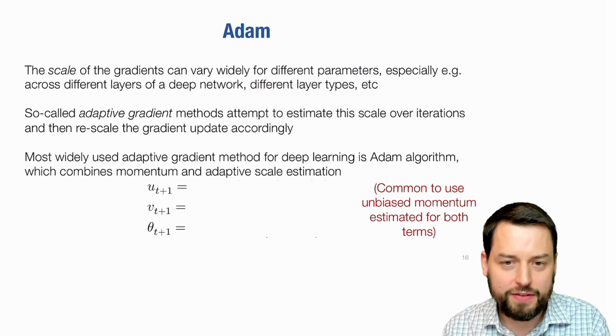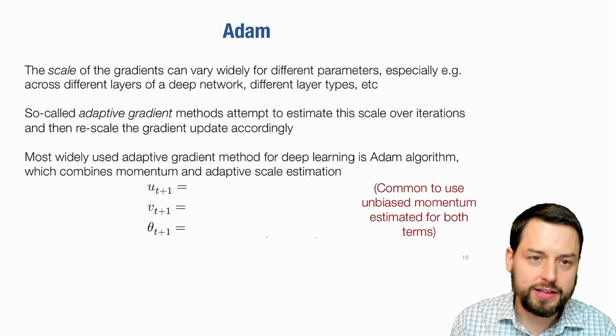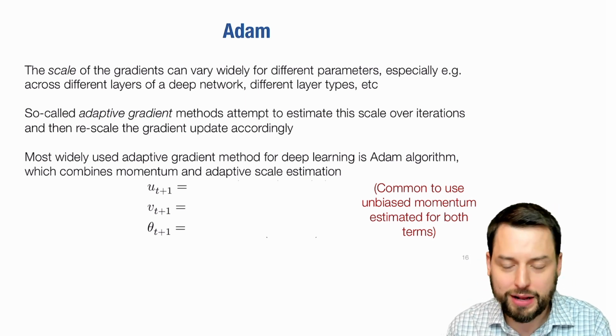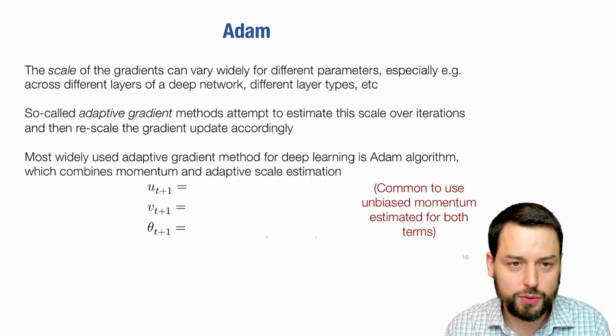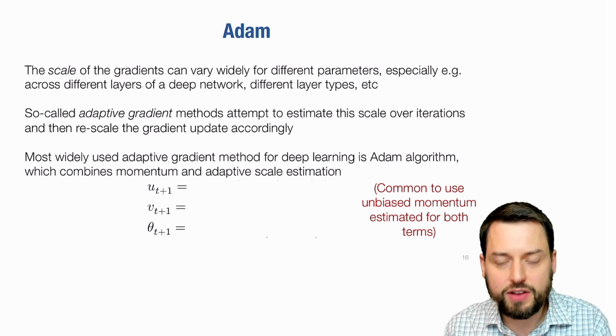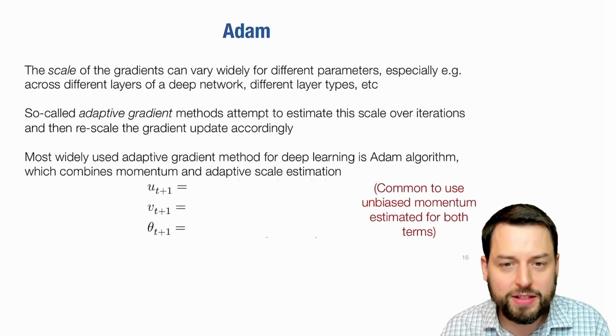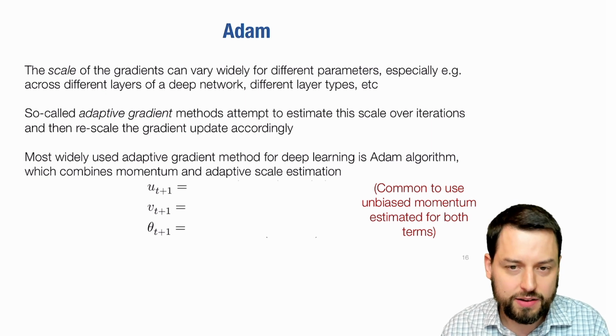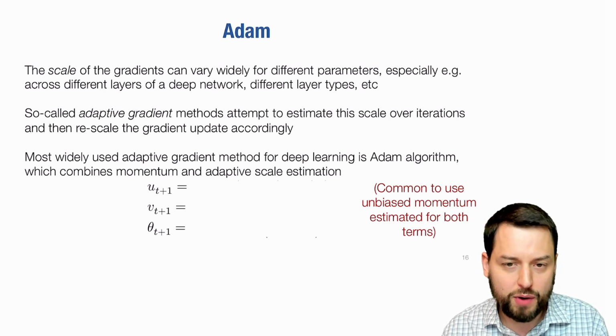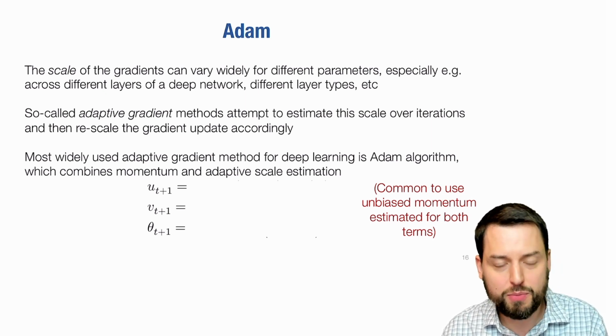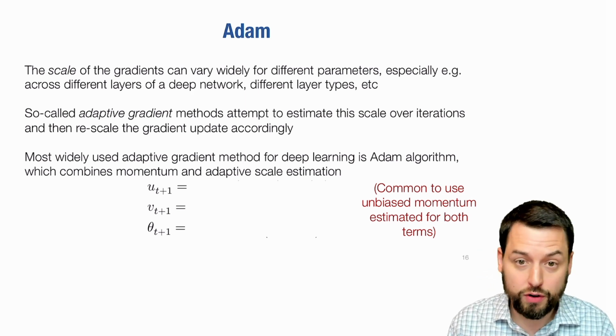So the idea of Adam, which belongs to a class of methods called adaptive gradient methods, and there are other adaptive gradient methods, but again, it's a fairly successful one, is that one fundamental problem with gradient descent is that the scale of the parameters that you care about can vary. Both the scale of the parameters and the scale of the gradients can vary over optimization.